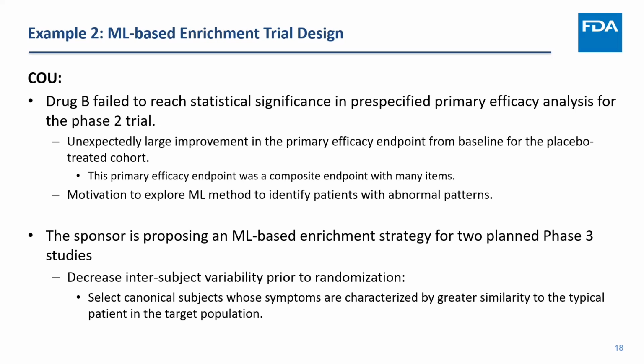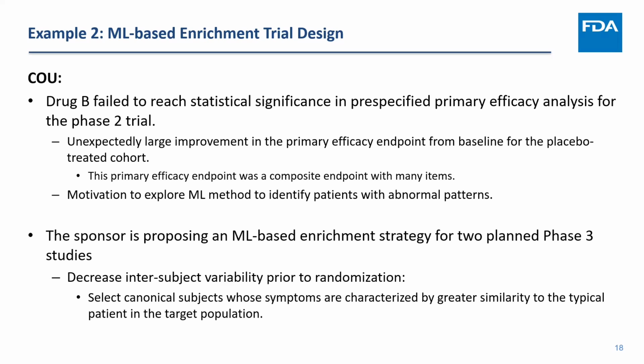Before going to the randomized trial, they want to exclude some patients to reduce the variability. That's their philosophy. The sponsor proposed a machine learning based enrichment strategy for two planned phase 3 studies. The goal is to decrease inter-subject variability prior to randomization.